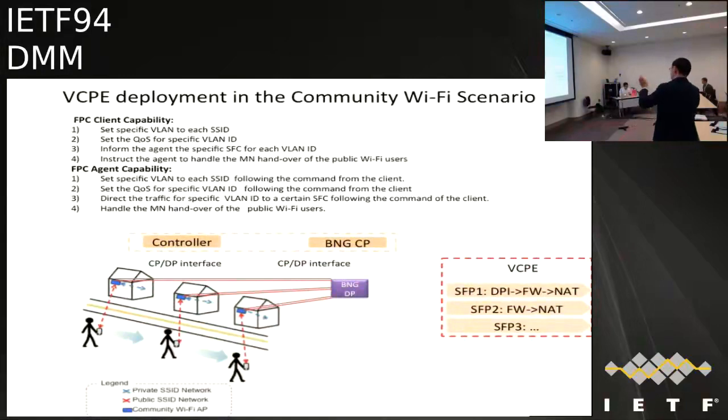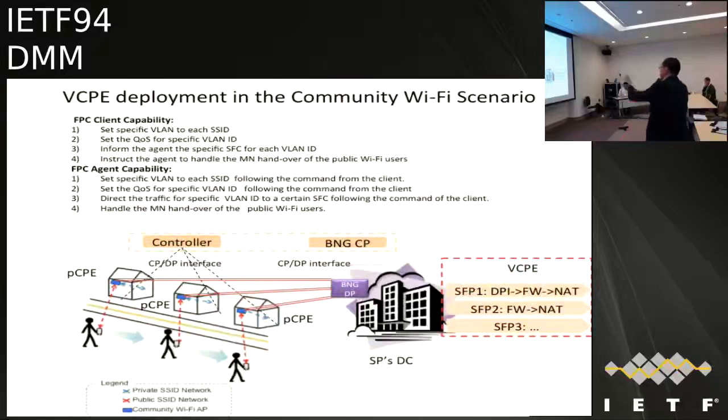This could be used as the service function chaining classifier by mapping that information end to end. That's the idea. Next. And then the controller will later configure all of the physical CPEs about the traffic going to the data plane side.